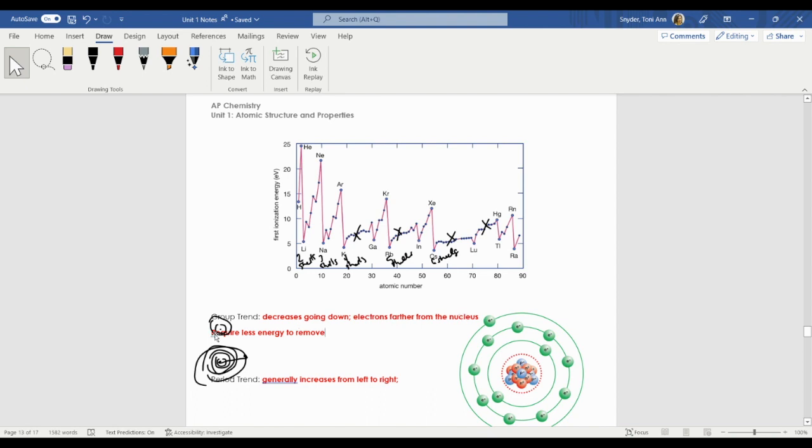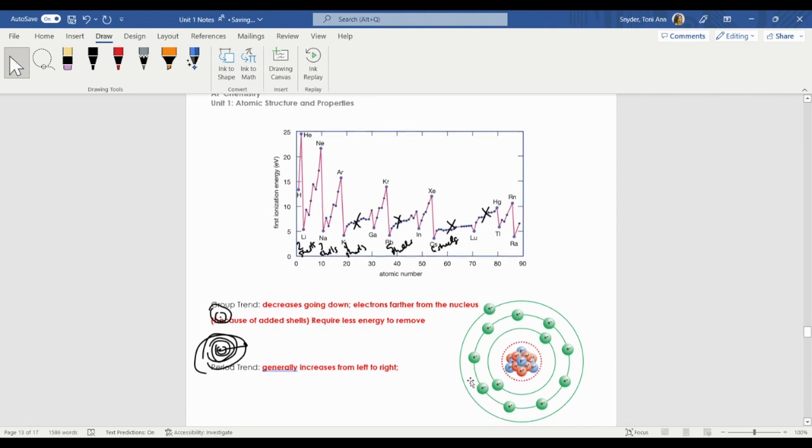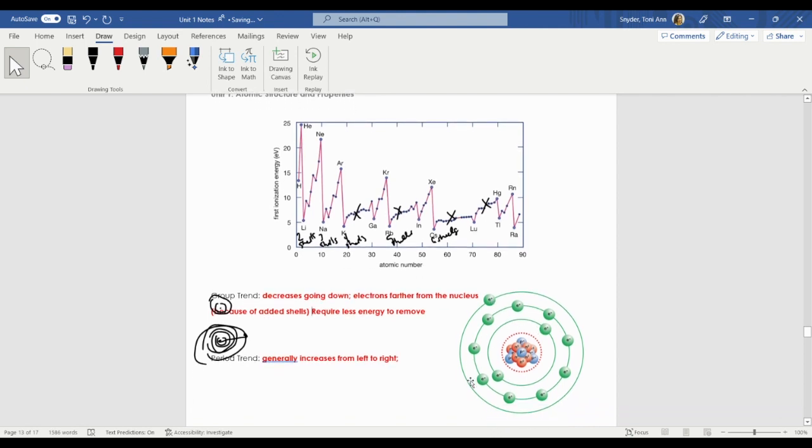Electrons farther from the nucleus. I'll put in parentheses here because of added shells. There we go. So it's easier to remove this electron because it's farther from the nucleus than it is to remove an innermost electron. And because as I go down a group, I add shells, of course, they get bigger.